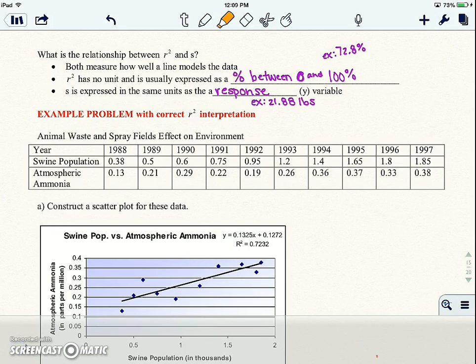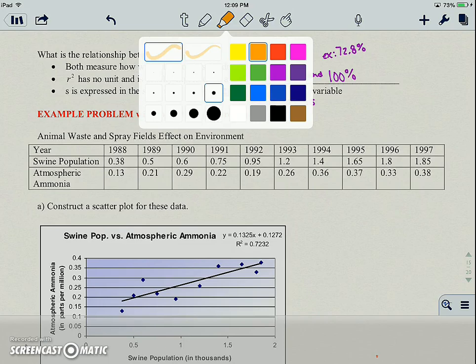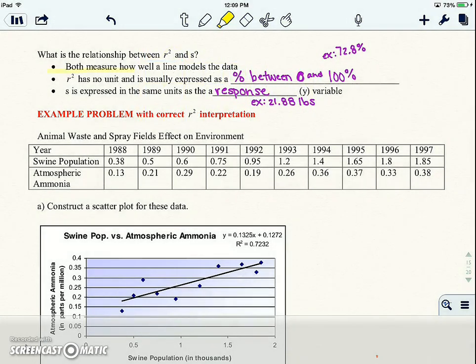So what is the relationship between r squared and s? Well, both measure how well a line models the data. r squared has no units and is expressed as a percent between 0 and 100%. So for that last example, the variability was 72.8.